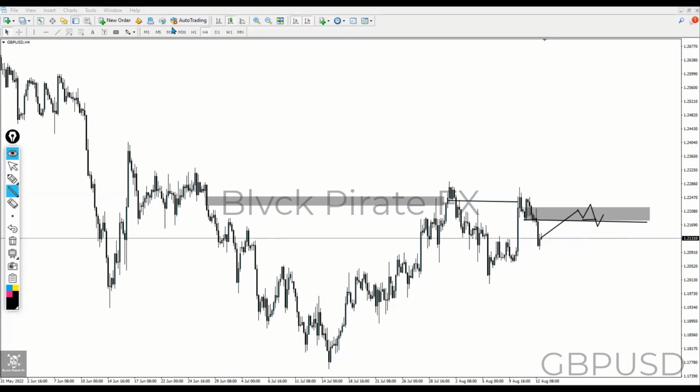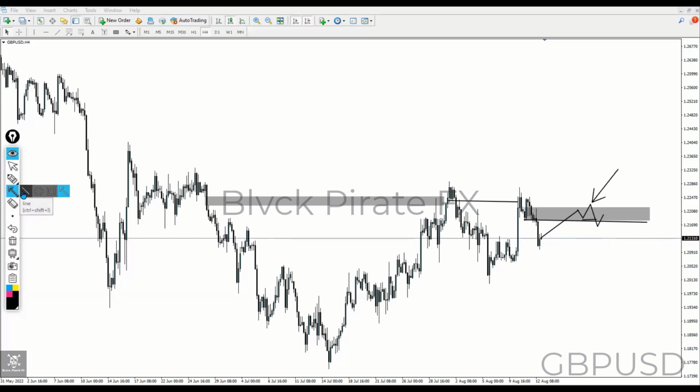The lower the time frame you go, you're going to have to decrease your risk as well, because the stop losses are tighter and the time frames are more volatile. In here I will only get into this trade provided I do get a market structure break like so, and putting my stop loss just above here.